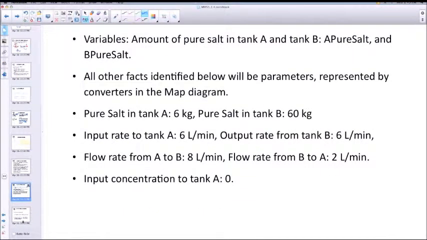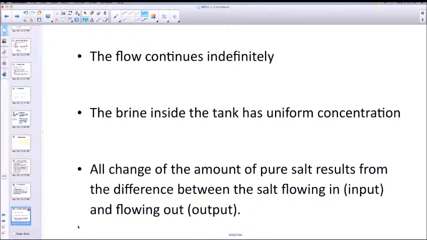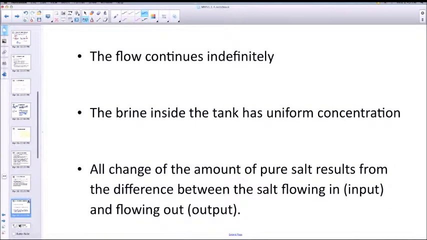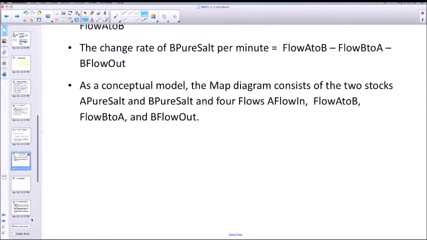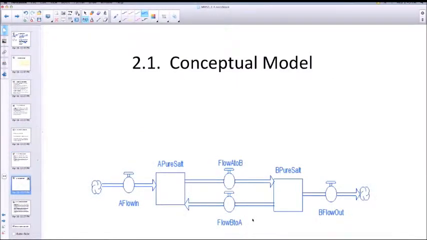The best way is to draw a conceptual model. A conceptual model is nothing more than 2 tanks connected by pipes. And then you know the relationship: the input water is going this way, exits this way, the speeds are the same.